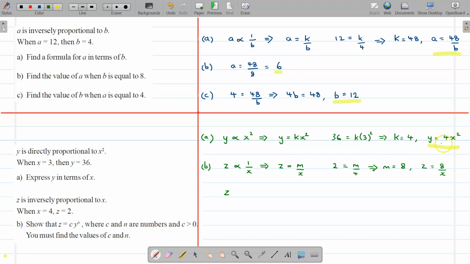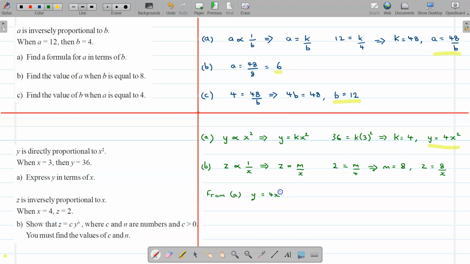So if I just work on this first and rearrange this to find an expression for x. Okay, so I'm going to take the one we found in question A first. So from part A, we knew that y equals 4x squared.